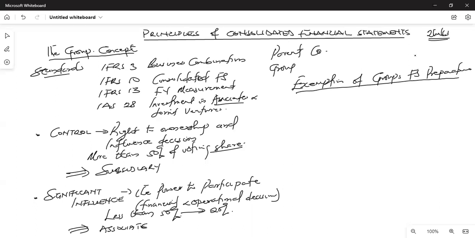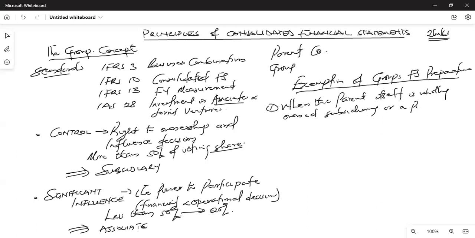All right, and this is where IFRS 10 comes in. Number one is when the parent itself is wholly owned, a wholly owned subsidiary by another company, or partly owned by another company.